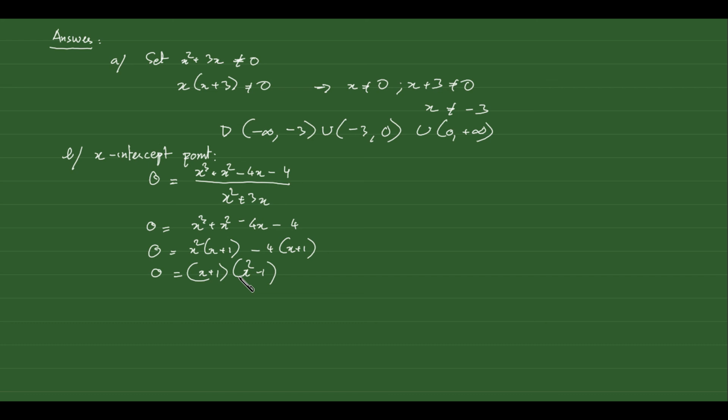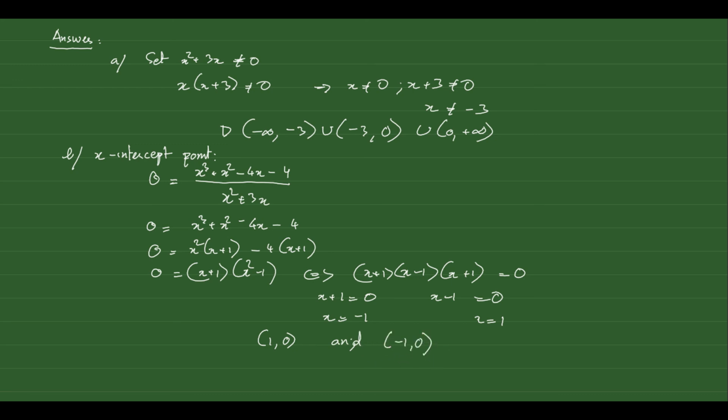You see that factoring method you have to master. So x squared minus 1 is x plus 1 times x minus 1, times x plus 1 again, equal to 0. So x plus 1 equals 0 and x minus 1 equals 0, so x equals -1 and x equals 1. So we have two x-intercept points: (1, 0) and (-1, 0).